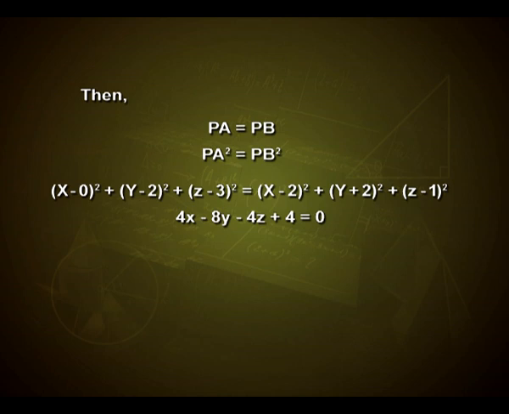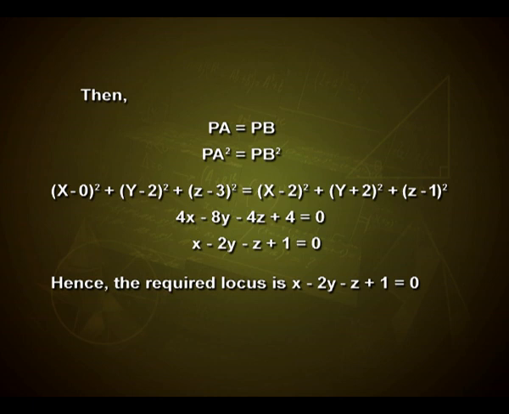As we can see here, 4 is common and we can reduce it to x - 2y - z + 1 = 0. Hence, the required locus is x - 2y - z + 1 = 0.